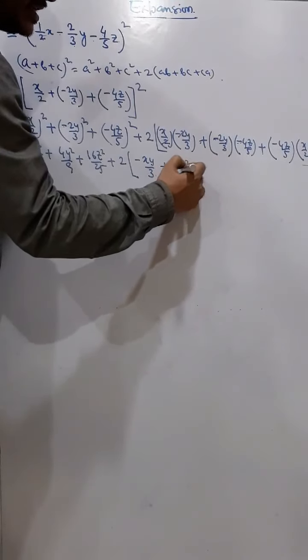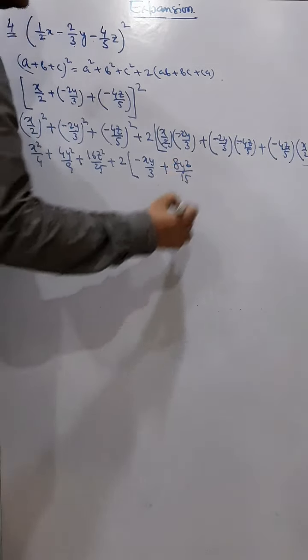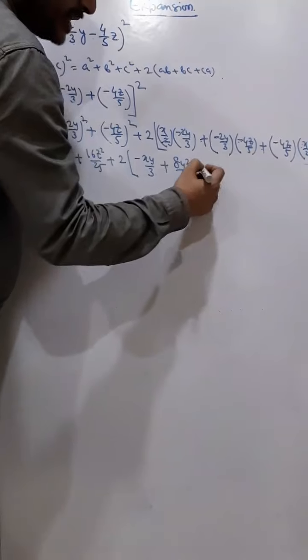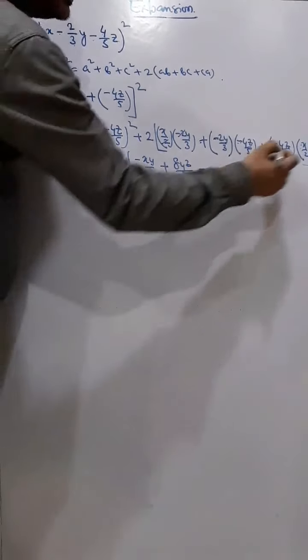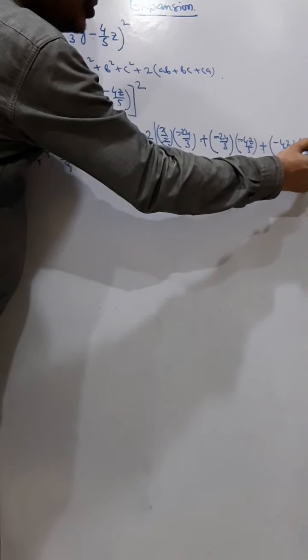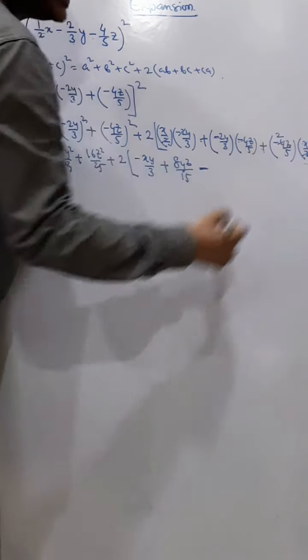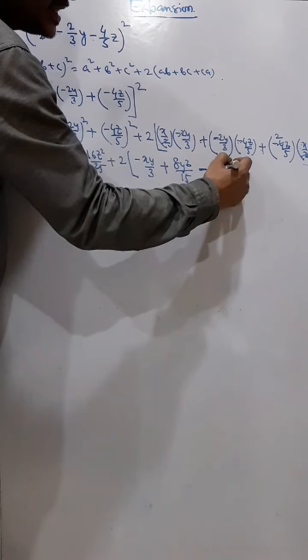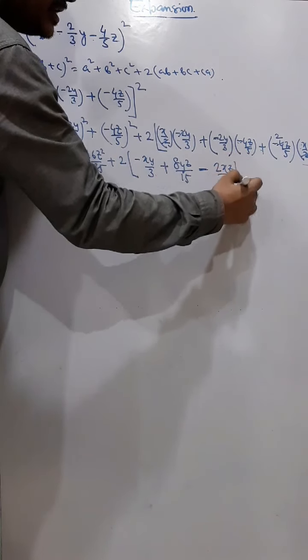Here nothing gets cancelled, and minus minus becomes plus, and this is plus, so we write plus. So 4 into 2, 8yz by 15, and then again minus plus minus, so here it will be minus, and this 2 and this will get cancelled, so you get minus 2xz by 5.